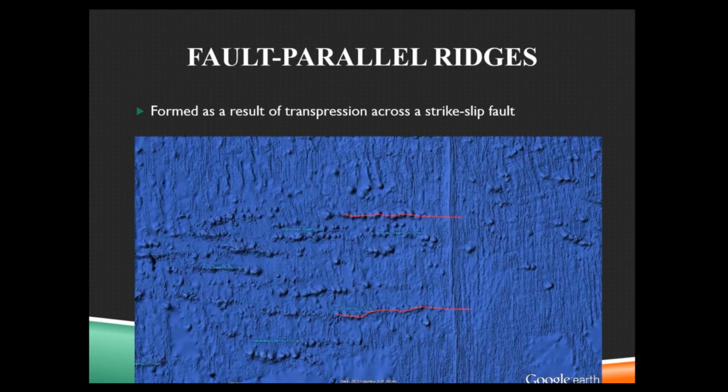So we have these ridges running perpendicular to the mid-ocean ridge due to transpression on these transform faults. This is very common and very easy to see in many of these ocean floor topography maps that we get from radar and LiDAR.